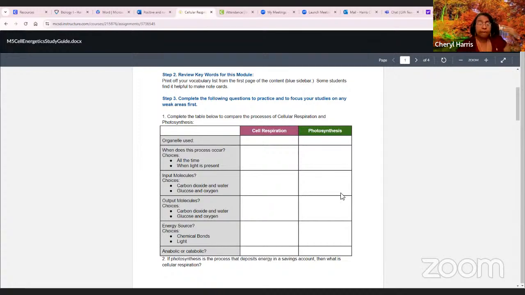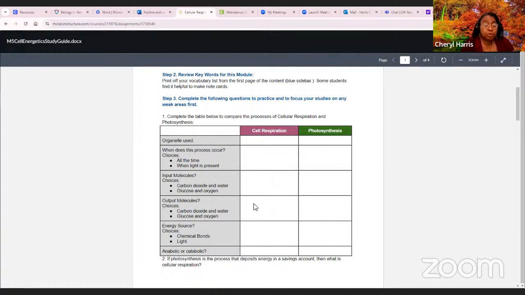Okay. All right, so that's our input. So our output molecules are going to be the opposite. And later on, that's going to be part of your question, to decide the relationship here.